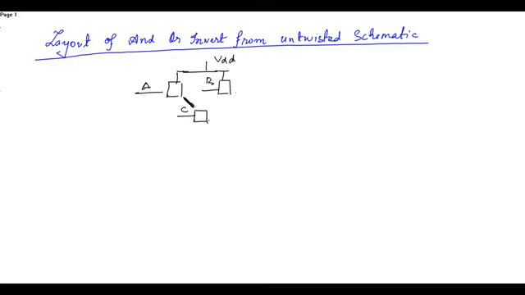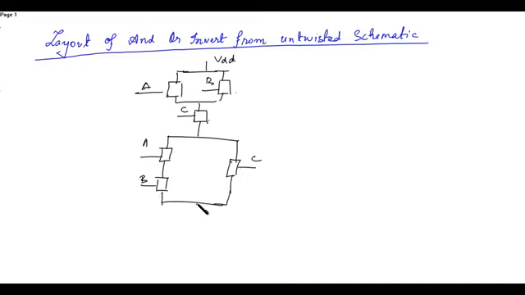This is VDD, in series with this, and just in the opposite you have the two NMOS, that is A and B, in series, which are together in parallel with the third input C.